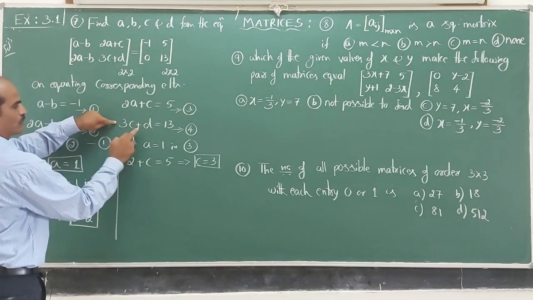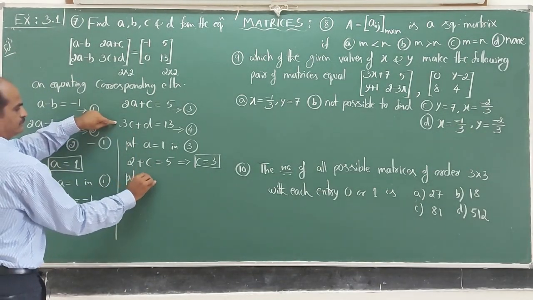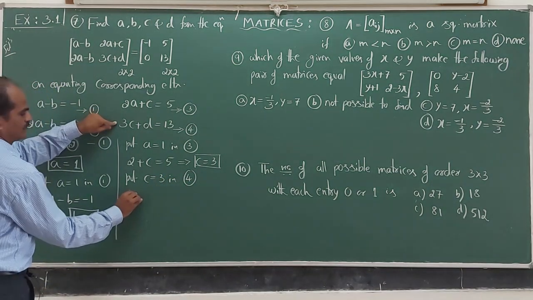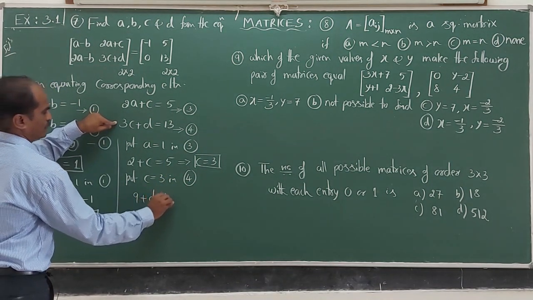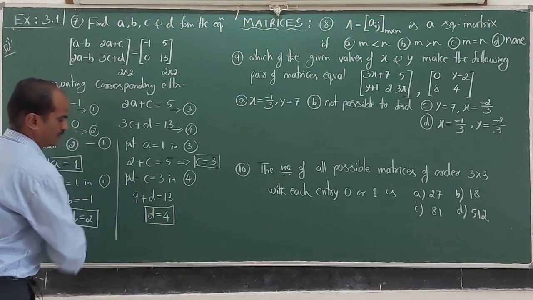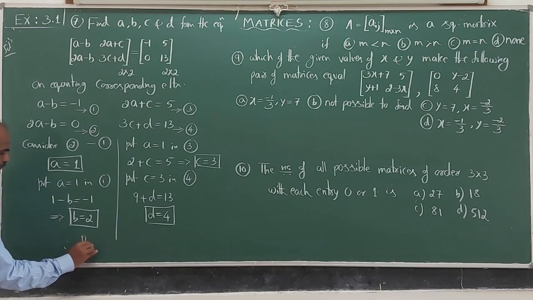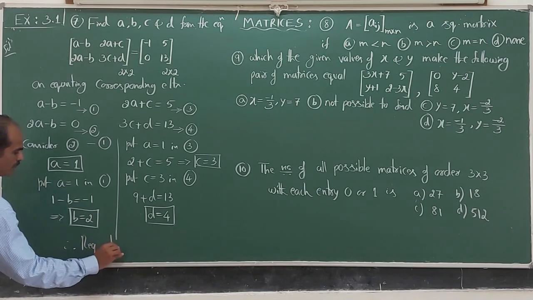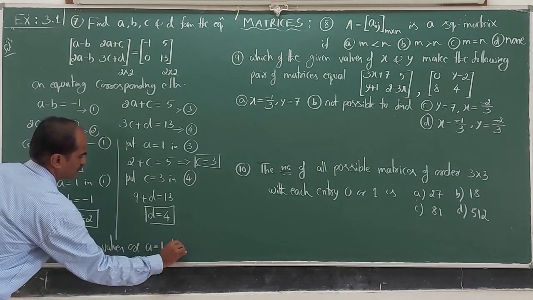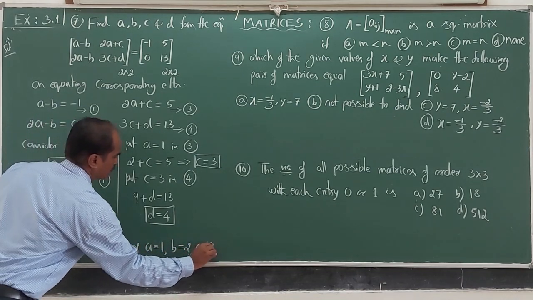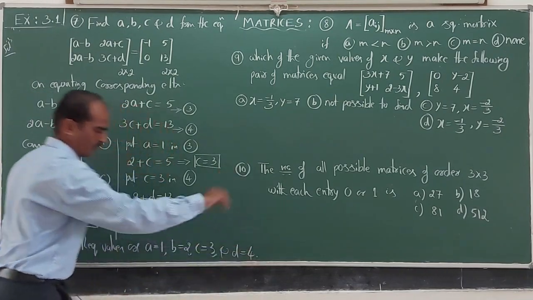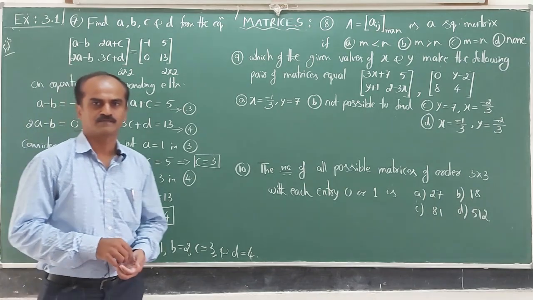Now put c equal to 3 in 4. We get 9 plus d equal to 13. d equal to 4. Therefore, the required values are a equal to 1, b equal to 2, c equal to 3 and d equal to 4. Very simple example.